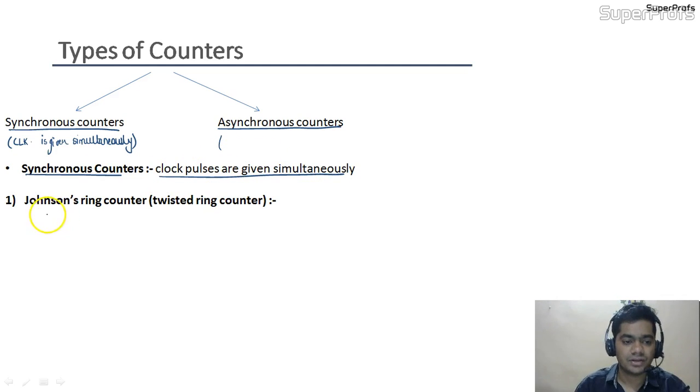So the first synchronous counter which we are going to study is Johnson's ring counter, or we can say a twisted ring counter. These are some special synchronous counters that are constructed using D flip-flops. Suppose we want to represent a Johnson ring counter.